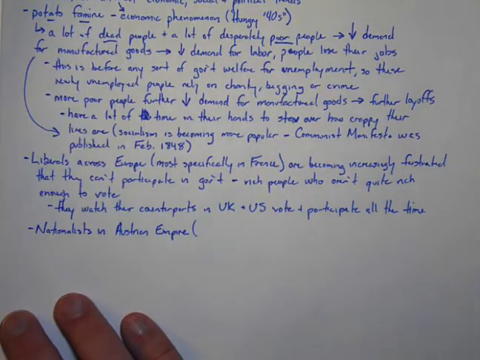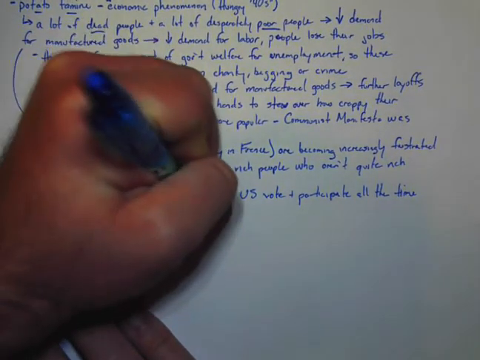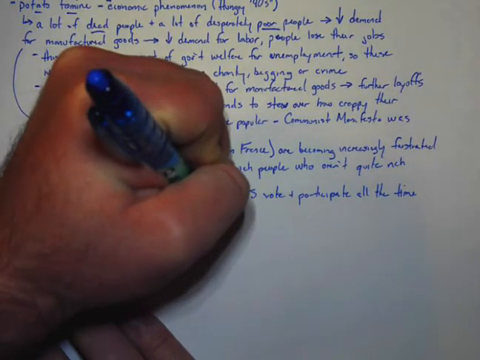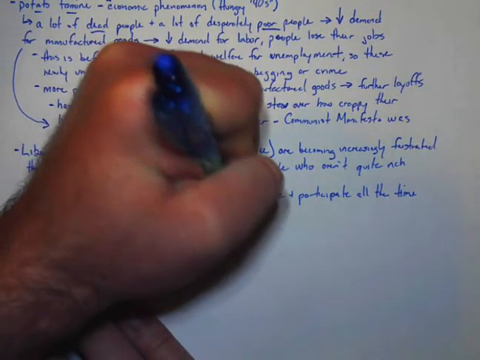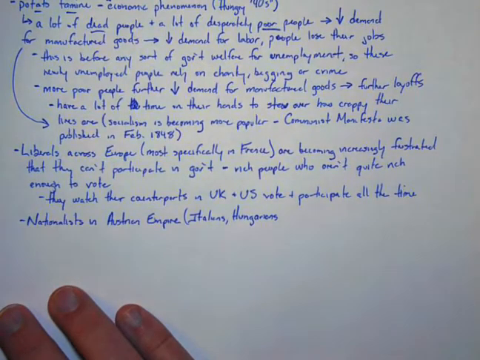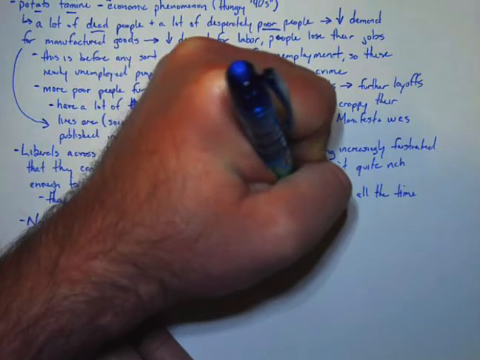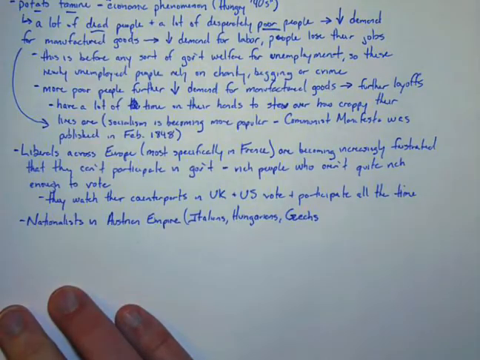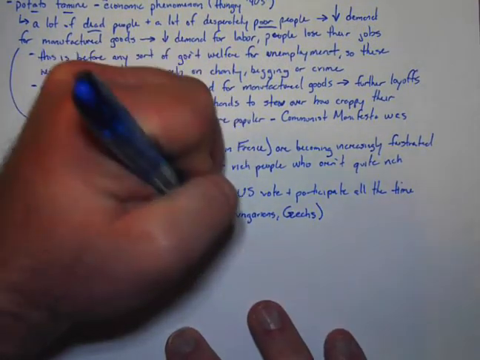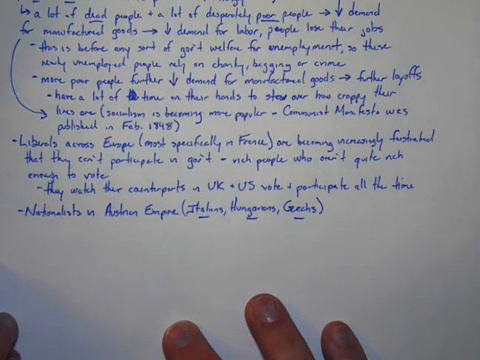When we're thinking about groups in the Austrian Empire, we're thinking about Italians, Hungarians, Czechs, and there are more, but these are probably the most vocal about being nationalists.